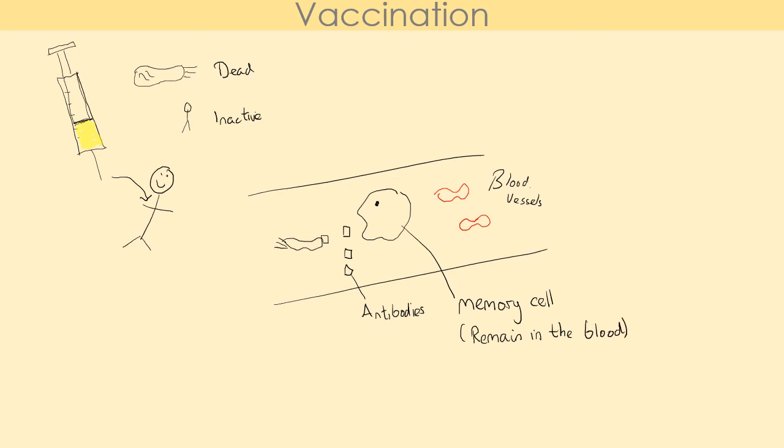If we come into contact with the pathogen again, the memory cell, which we have here, will divide by mitosis to make lots more memory cells. All of these memory cells can produce the correct antibodies.